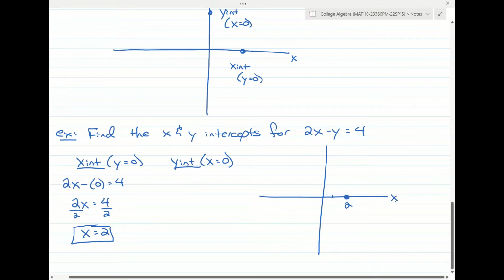That's the x-intercept, that's where it crosses that line. For the y-intercept, we plug in 0 for x. This will just be 2 times 0 minus y is equal to 4. Times 0 cancels, we just get negative y is equal to 4. We divide both sides by negative 1, we get y is equal to negative 4.